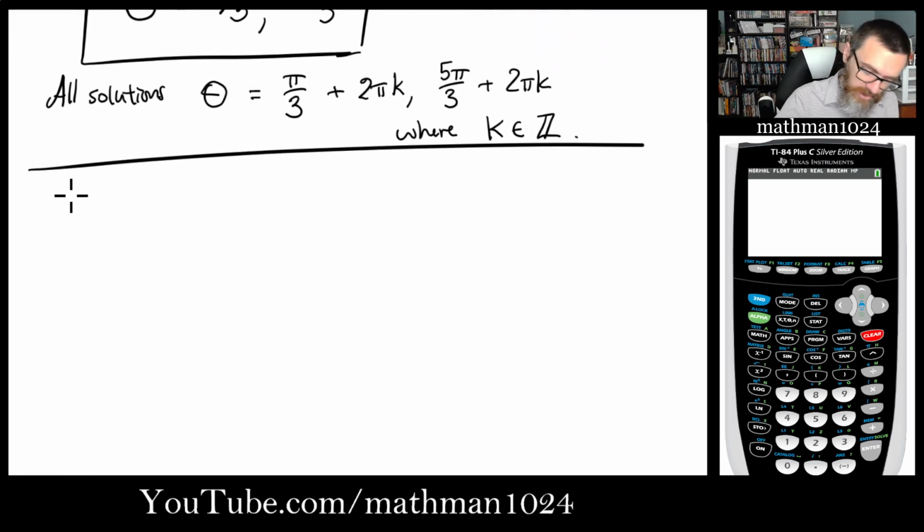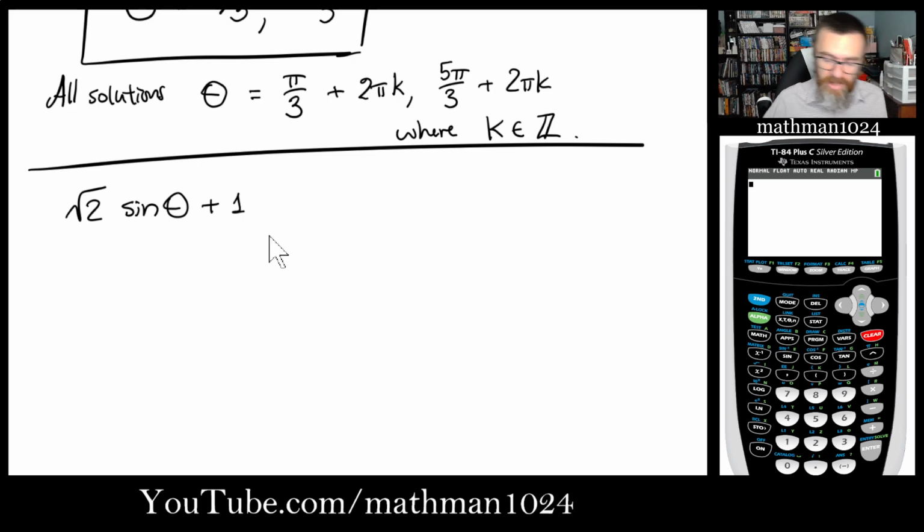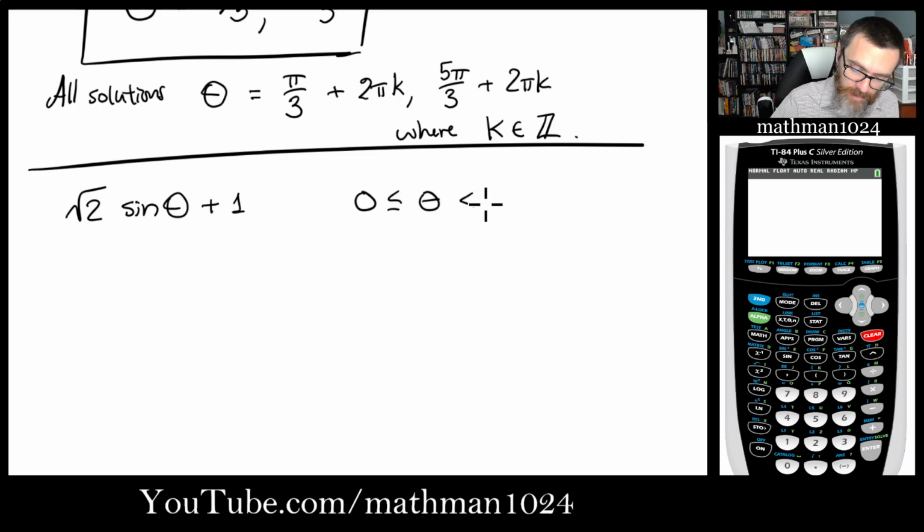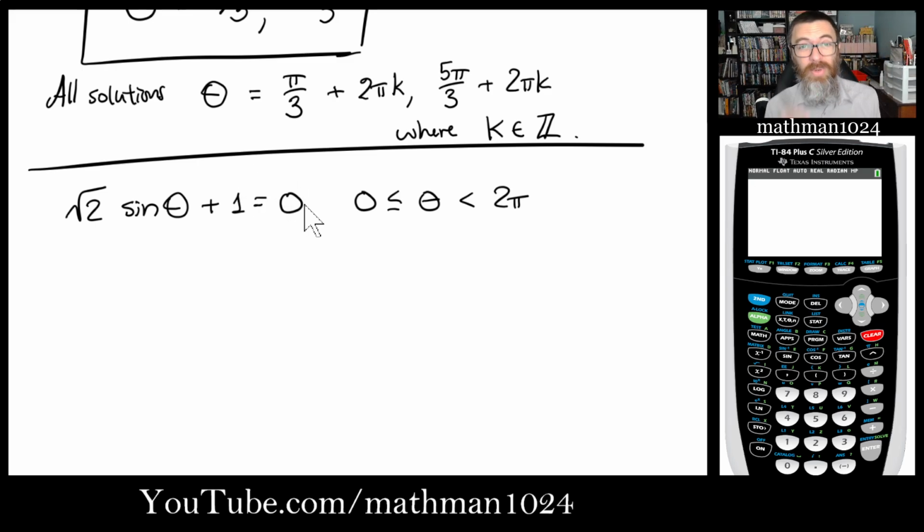All right, so let's look at this next one. We have the square root of 2 times the sine of theta plus 1. And we want to solve this for where our theta is between 0 and 2 pi. Oh, sorry, equals 0. Very important part there, because if I don't have that, I don't have an equation and I couldn't solve anything.